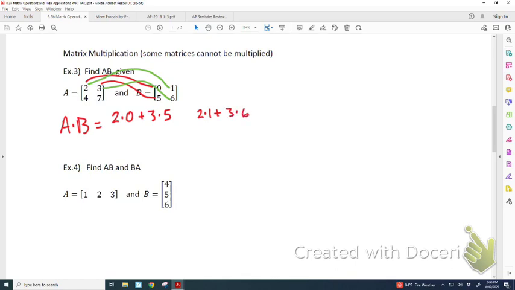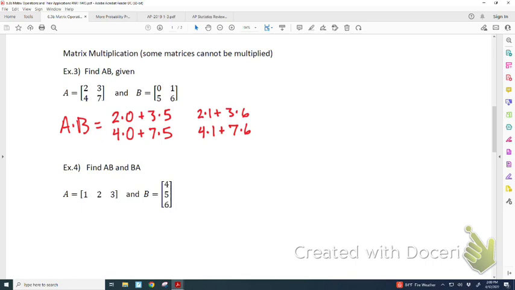And then we have to move to row 2, the 4 and the 7. So let's talk our way through it. We're going to go 4 times 0. So this is row 2 times column 1. 7 times 5. And then that row 2 moves to column 2, and we're going to go 4 times 1 plus 7 times 6.